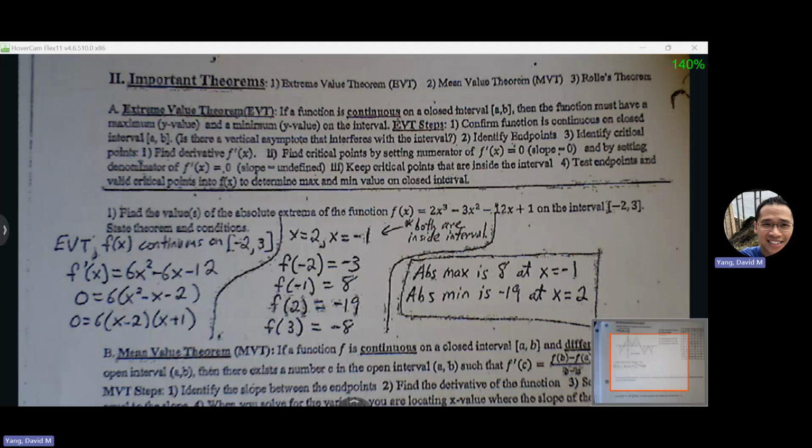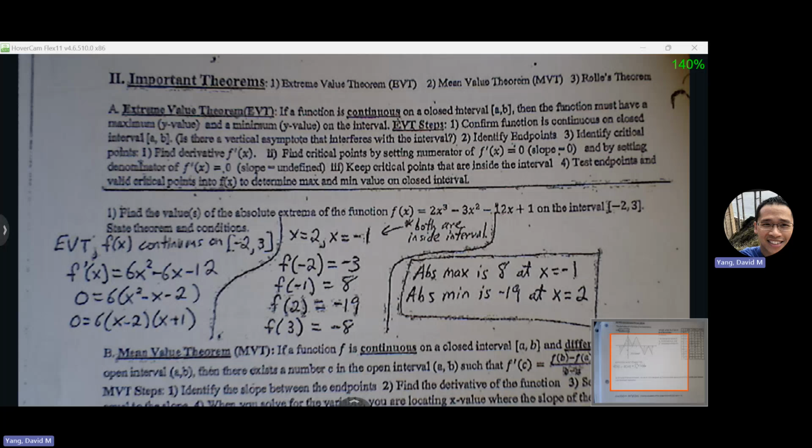So Rolle's theorem is slope 0. But the reason why that's occurring is because your f(a) is equal to f(b). If that's the case, it's always going to zero out. And then you're basically just finding a critical point for Rolle's theorem. Once you can confirm that it's a smooth curve, continuous and differentiable, and the endpoints are the same, your slope is going to be 0.